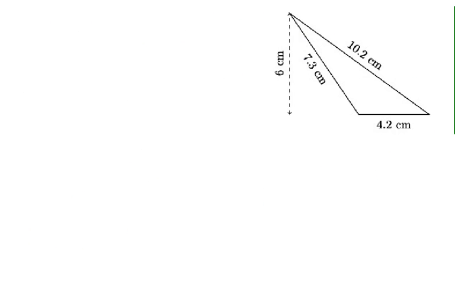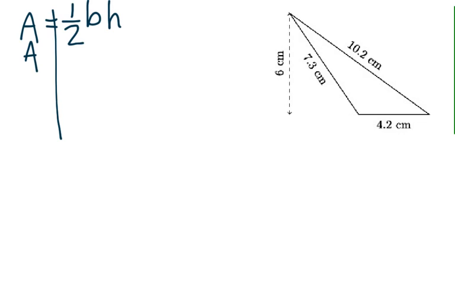So the same exact thing we're going to do is write our formula. So our formula is still A equals 1/2 BH. So we're going to fill in what we know. We're going to bring the 1/2 down, and now I need to find the base of my triangle. So if you'll remember what I said earlier, the base and the height have to meet at a right angle.